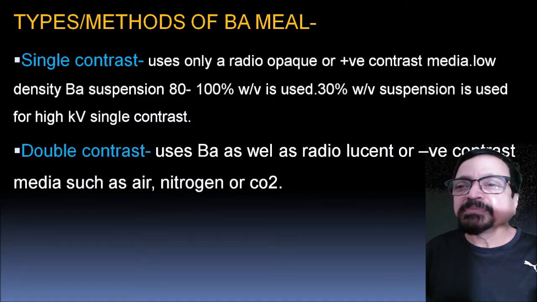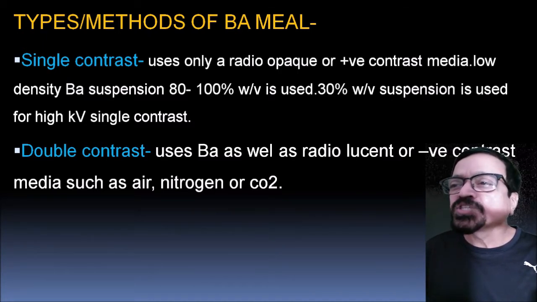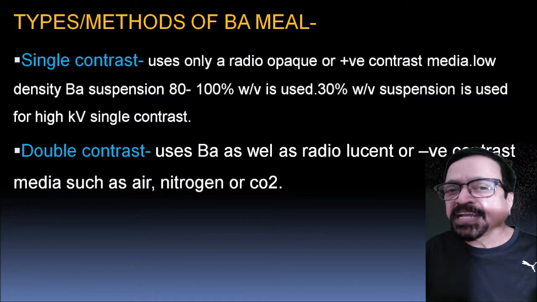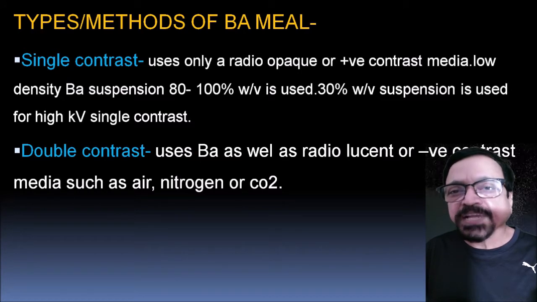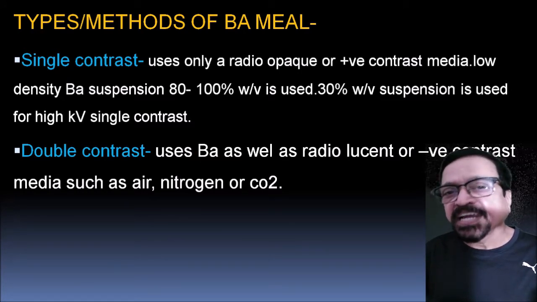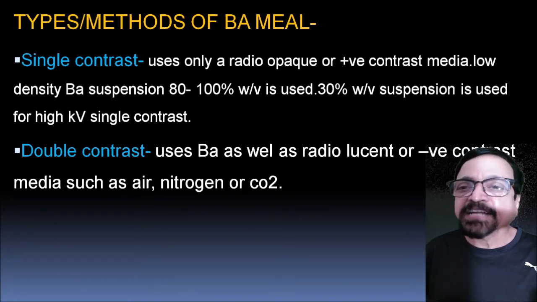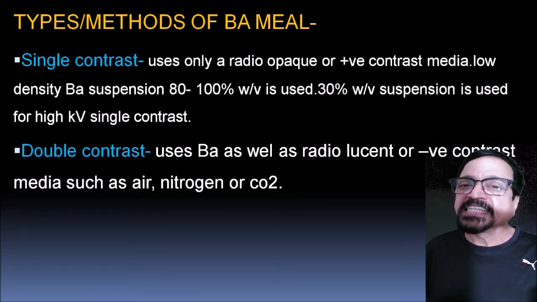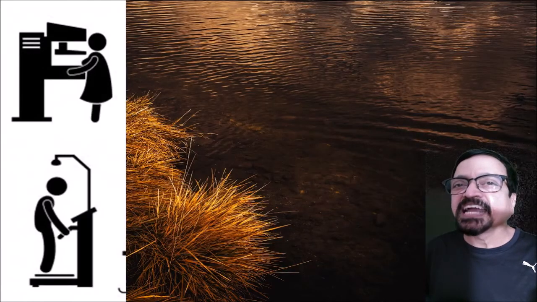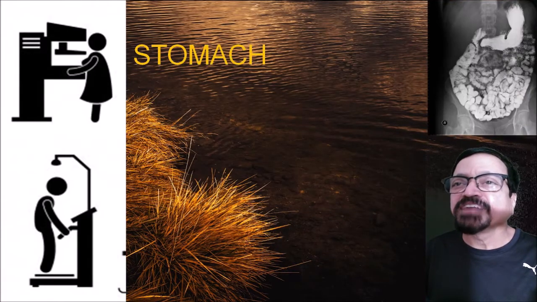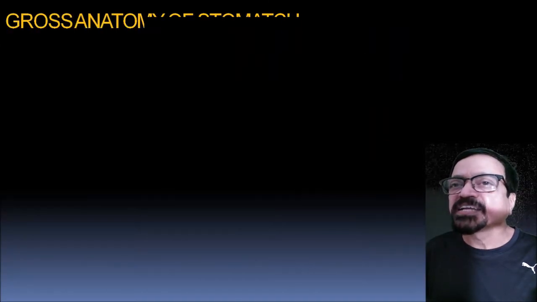It uses barium as a radiopaque positive contrast media for coating the walls, and then a radiolucent negative contrast media, which is usually air, nitrogen or carbon dioxide. The easiest or cheapest is to get carbon dioxide from effervescent agents, which are easily available and without any harmful effect. Now let's come to the stomach.